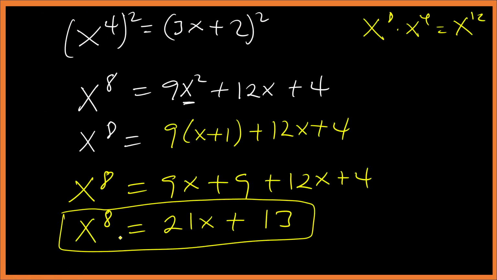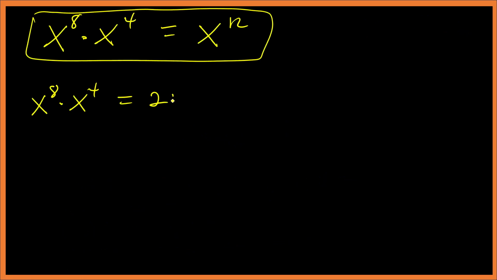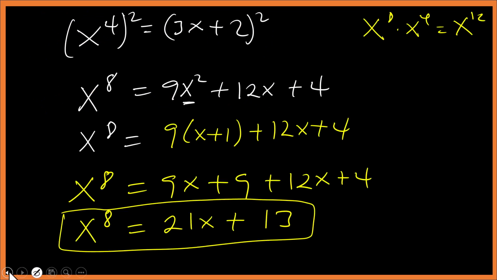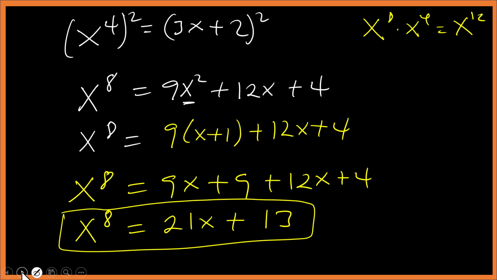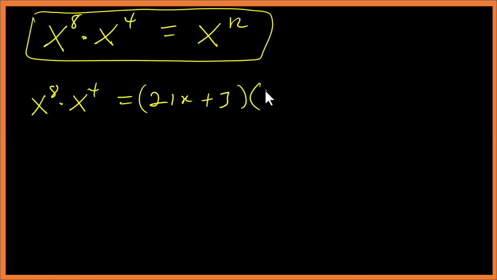So (21x plus 13) is x to the power 8 times x to the power 4, which is (3x plus 2).